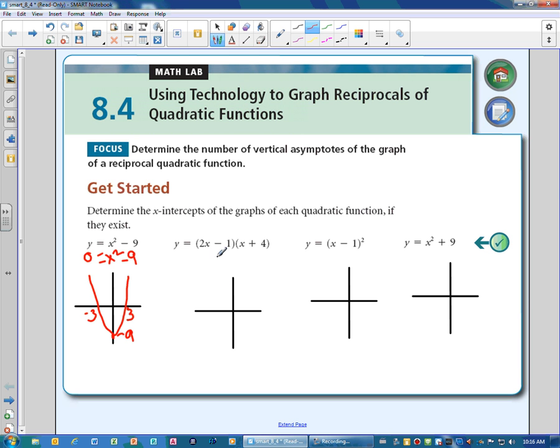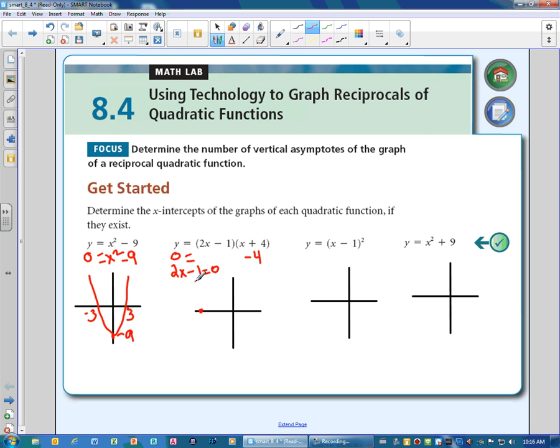All right, the second graph, I have y equals 2x minus 1 times x plus 4. So remember again, you're thinking what will make y 0? And this time I've got two factors that are already done for me. So in this one, negative 4 would be the x-intercept. This one, you would be solving 2x minus 1 is 0.